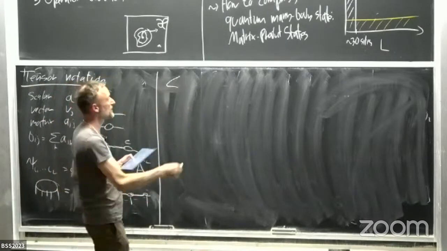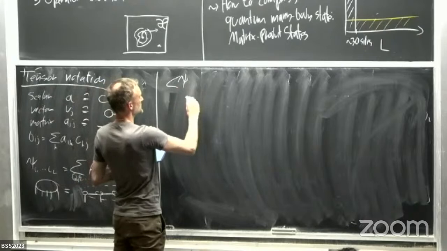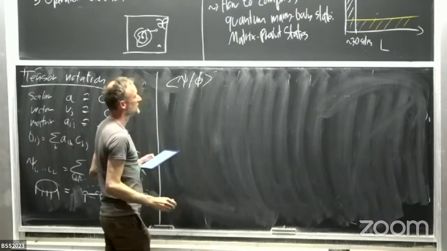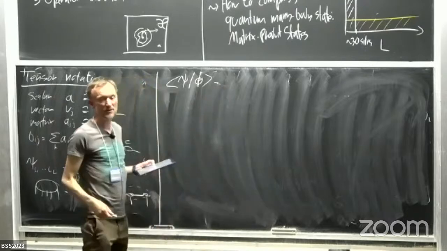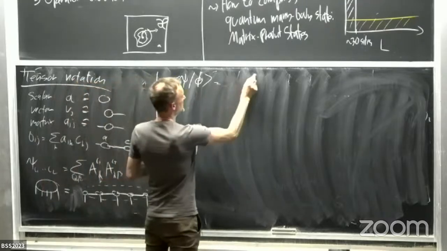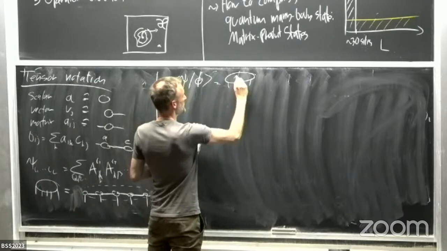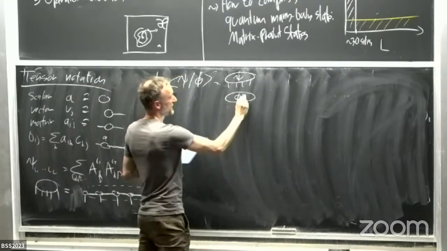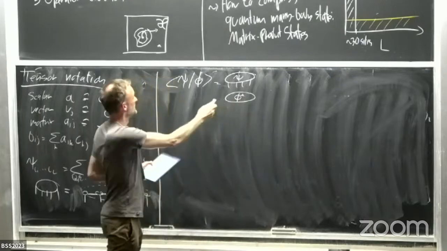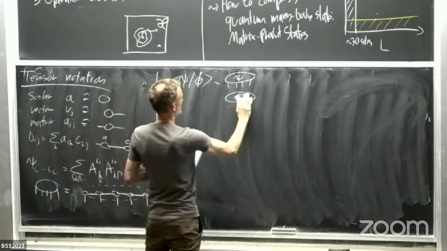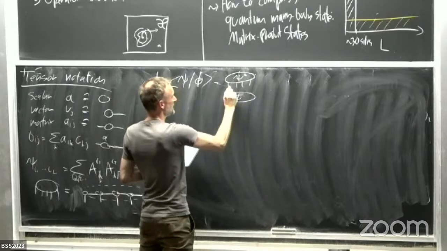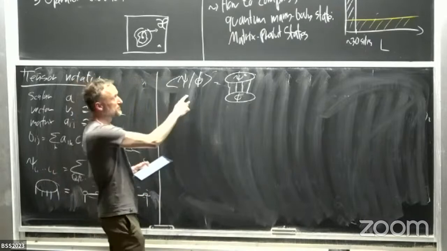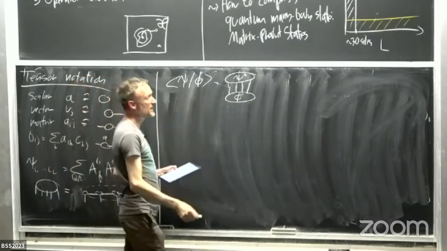If I want to calculate the overlap between a wave function psi and a wave function phi, using the tensor notation, what that means is I have one blob representing the wave function psi, and another blob representing my wave function phi, and then I just have to sum over all of those legs. So this would be the overlap of those wave functions.